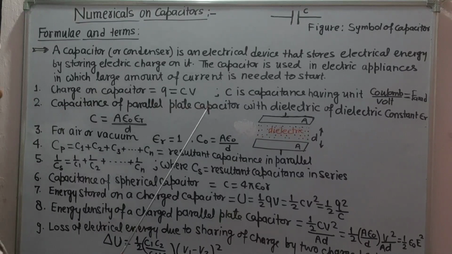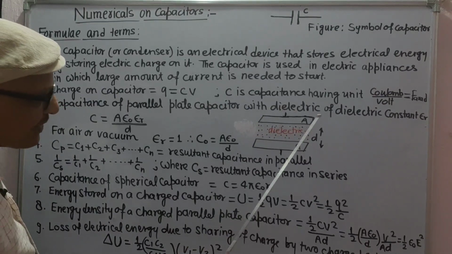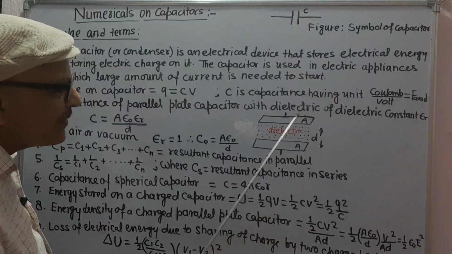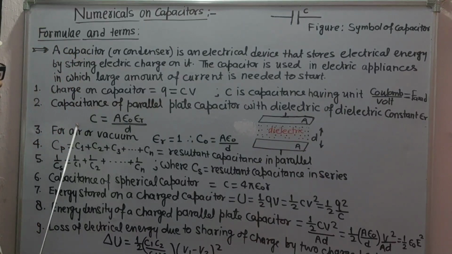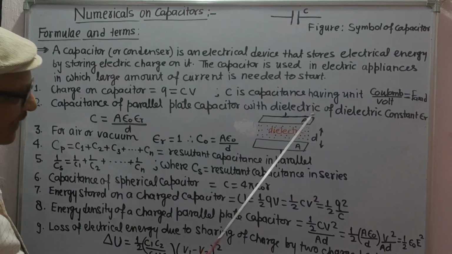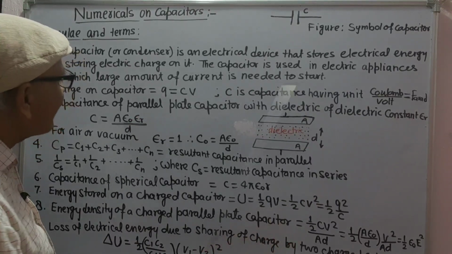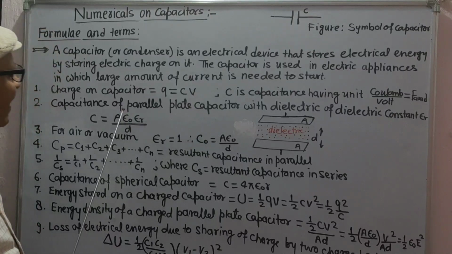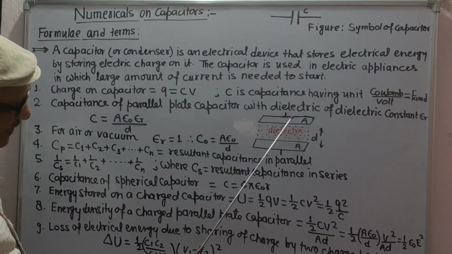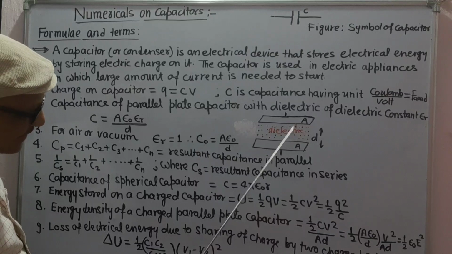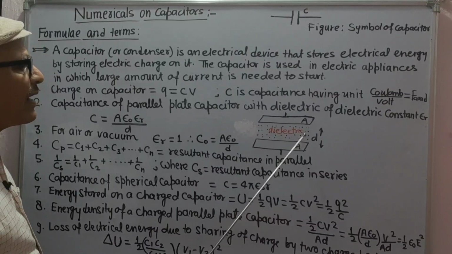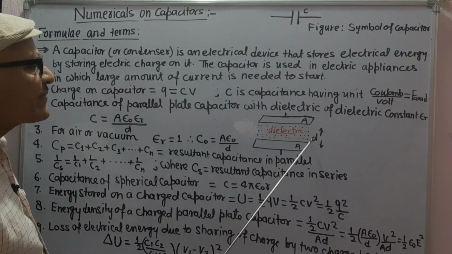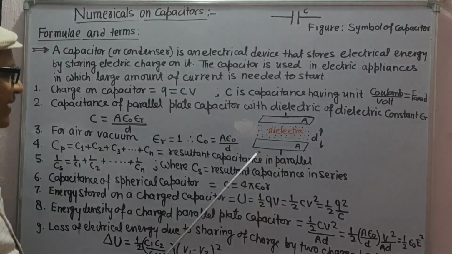Capacitance of a parallel plate capacitor with some dielectric between two plates is given by C is equal to A epsilon naught epsilon R upon D, where epsilon R is the dielectric constant of the dielectric, A is the area of each plate and D is the separation between two plates.